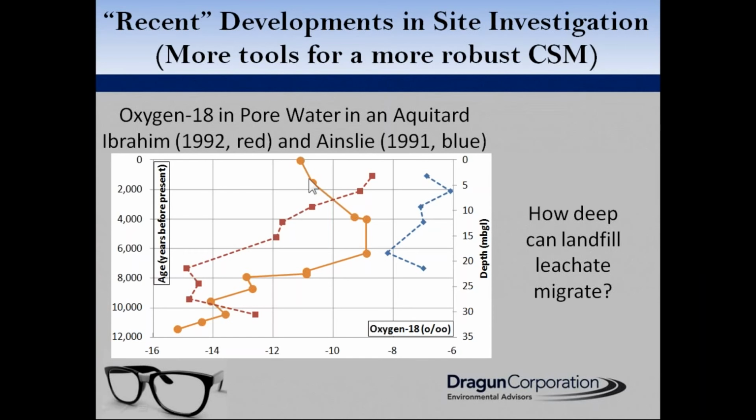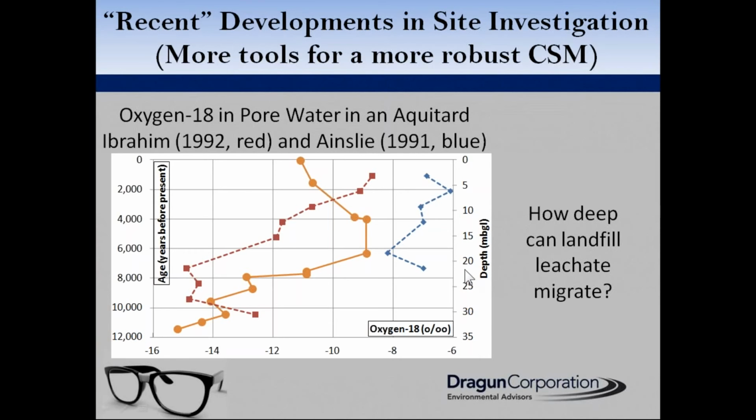So again, you see the plot that Edwards got for precipitation. The red squares are from a graduate student I had who was looking at the distribution of the oxygen 18 in the pore water, and he found some very old water at depth, and here's the depth over here.